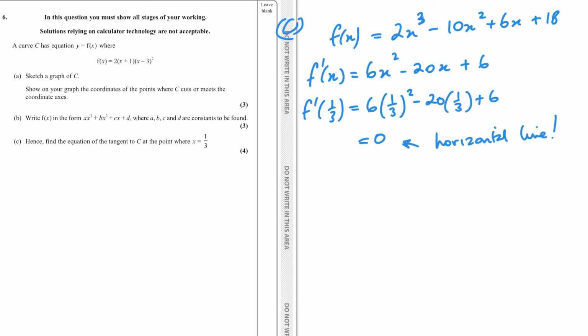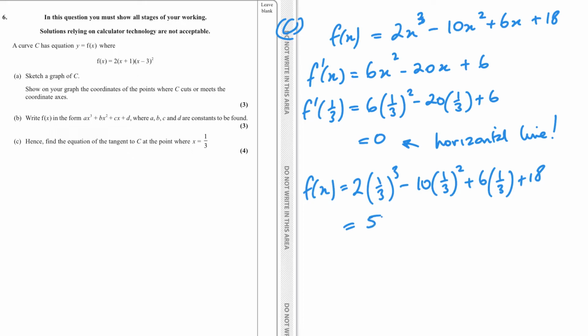So what we actually need to do now is find out our y value. So to do that, we need to go back to the original f of x and substitute 1/3 in. So we've got 2 lots of 1/3 cubed, minus 10 lots of 1/3 squared, plus 6 lots of 1/3 plus 18.